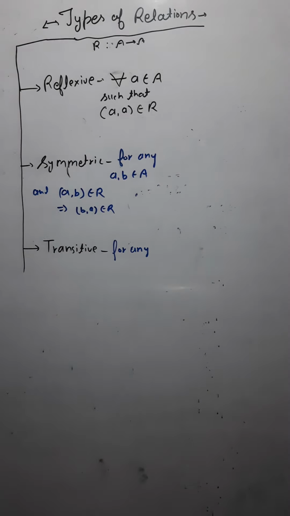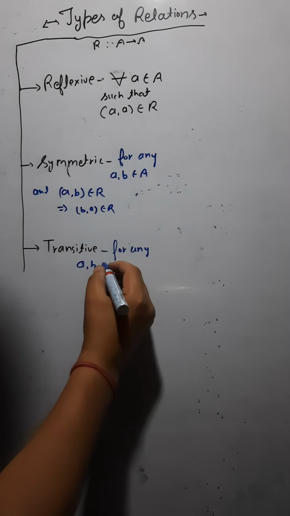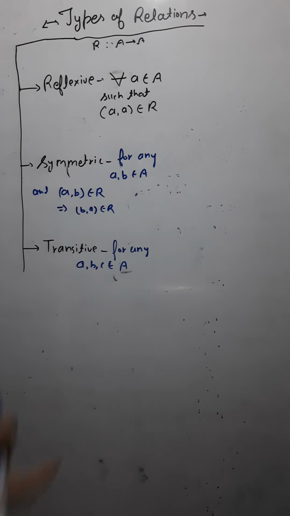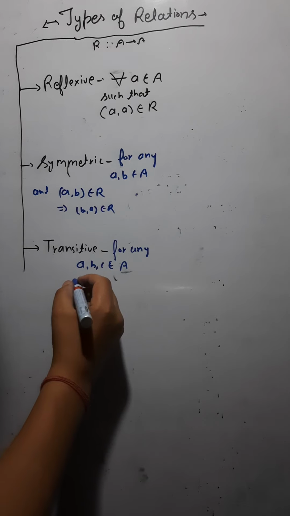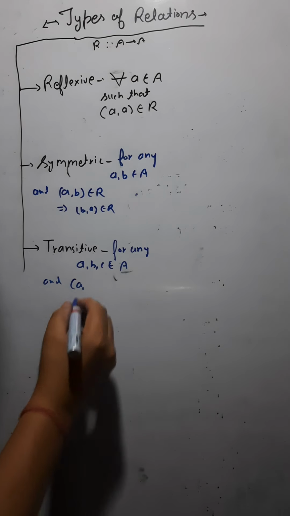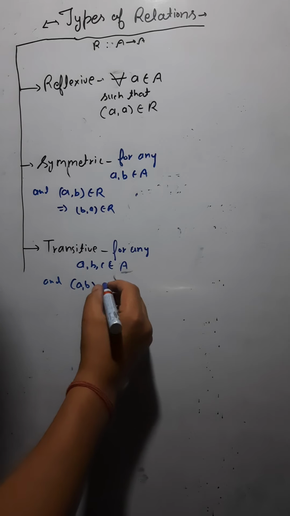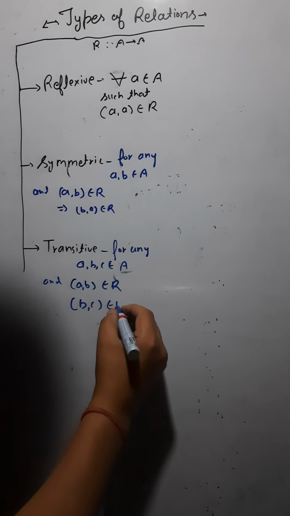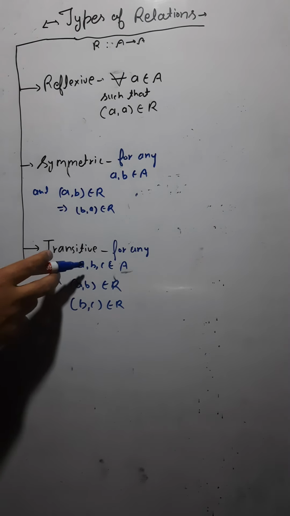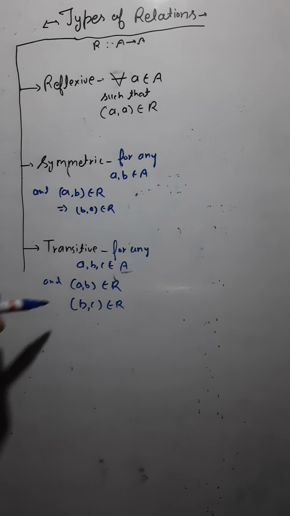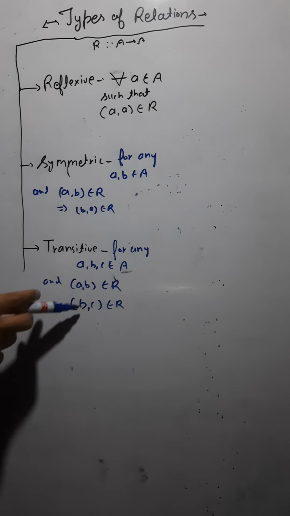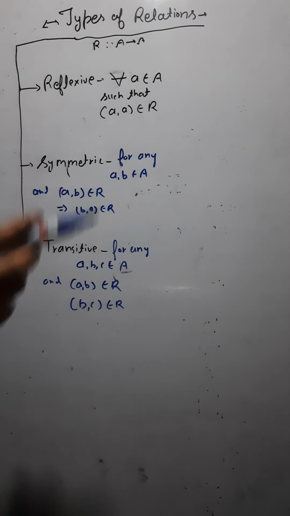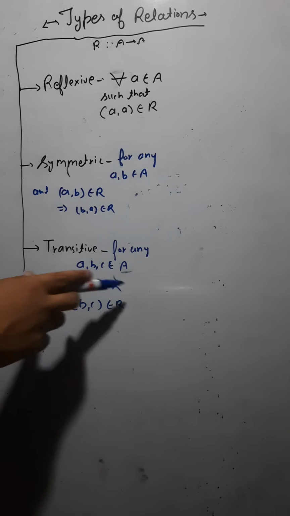Now here you are to take three elements. For any three elements, let's say A comma B comma C that belongs to the set A. These are the three elements and one more condition is there. And you have A comma B that belongs to R. Then you have B comma C that also belongs to R. Remember this B and this B are both the same.